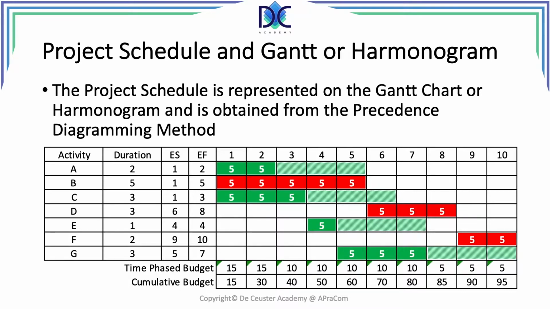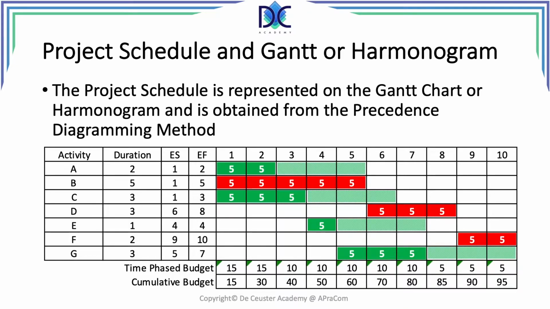When we finish the precedence diagram of a project, we find for every activity the early start, the early finish, the late start, and the late finish of every activity. In this graph, I represented the Gantt chart where all the activities are in the early start position.